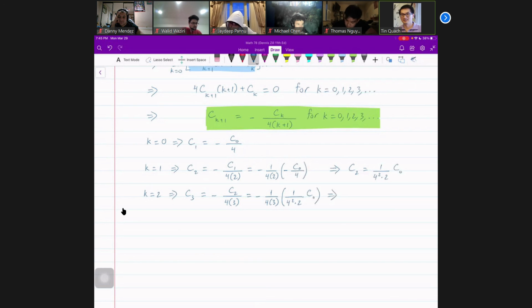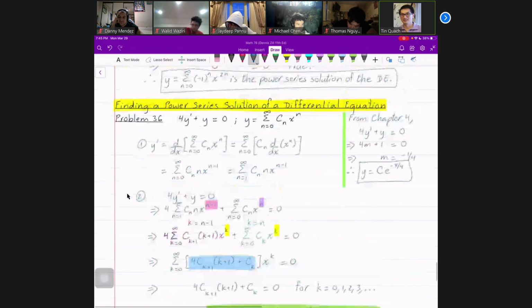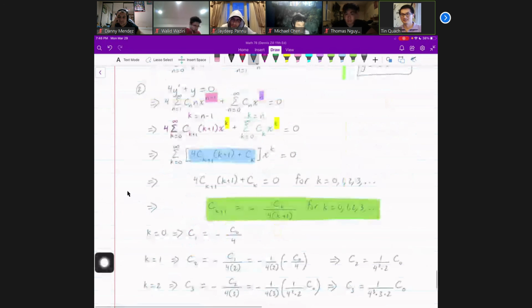Okay, so what do you have? So c sub 3 is equal to 1 over 4 cubed times 3 times 2 c sub 0. So everything is in terms of c sub 0, because this is a first order differential equation. You're supposed to have only one constant in your answer, and that constant is c sub 0.